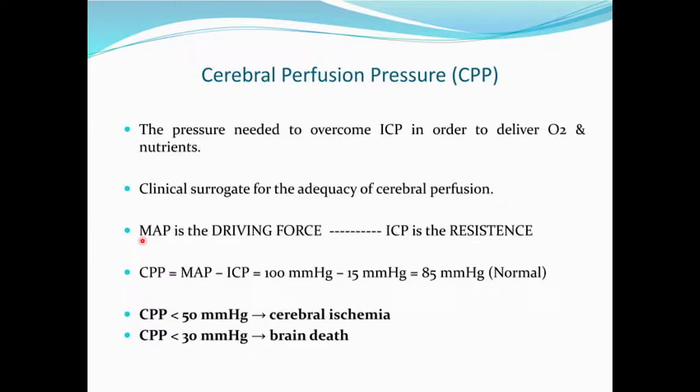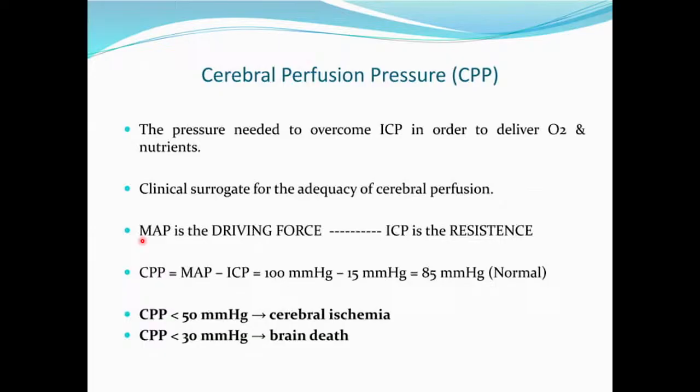So, what is it? Cerebral perfusion pressure is mean arterial pressure subtracted by intracranial pressure. So, mean arterial pressure can be 100, and if we consider the erect or supine position of the subject, then ICP could be 15, and 70 to 80 is the normal cerebral perfusion pressure that we have to maintain.